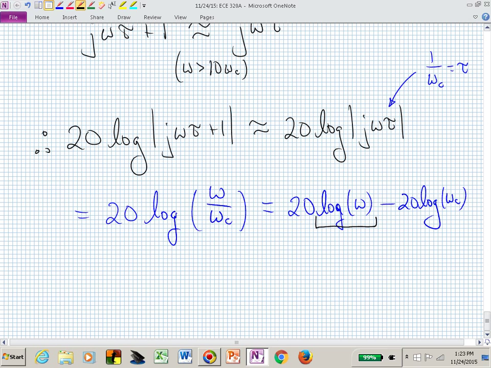Wasn't this our independent variable? It was log of omega. So now we have 20 log of omega. That's 20x in a way of thinking. And this piece, what is omega c? That's a constant value once we've found that break frequency. This is just a number.